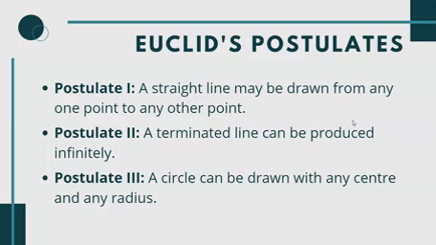Postulate 3: a circle can be drawn with any center and radius. For any line segment, a circle can be drawn with its center at one endpoint, and the radius of the circle as the length of the line segment.